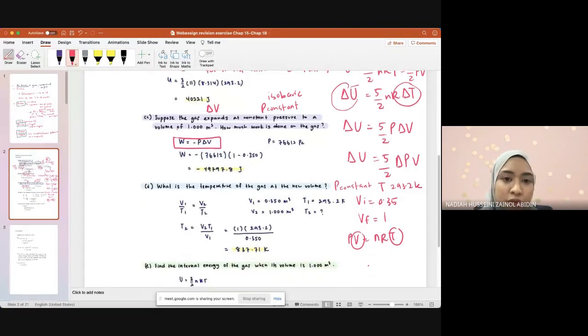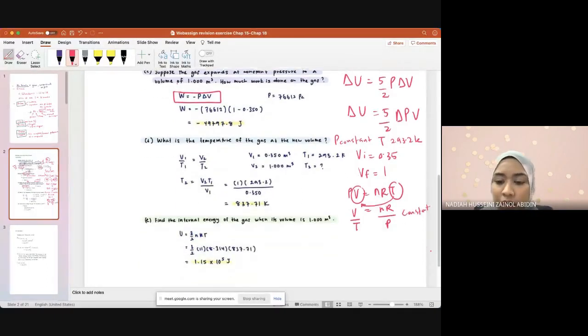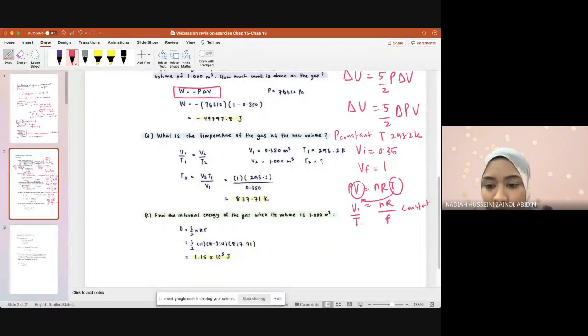So everything that is constant goes to the right. V goes to this side, T goes to the other side. So V over T equals a constant. So now you have V initial, T initial equals V final, T final.